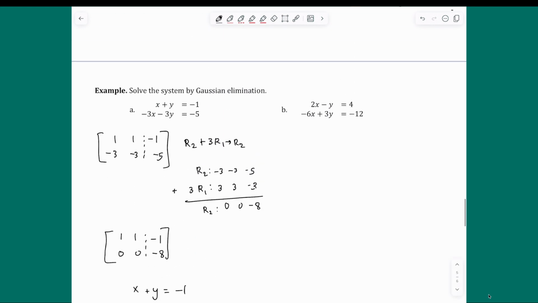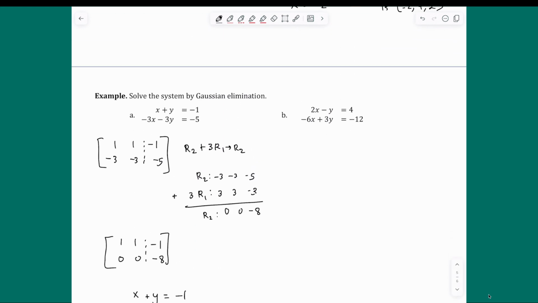All right, what about the next system? So the augmented matrix here would be 2, negative 1, 4, and then negative 6, 3, and negative 12.